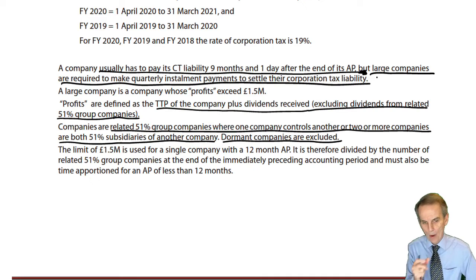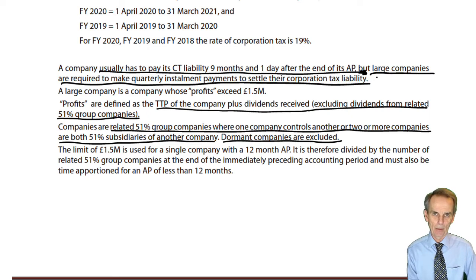Are we able to manage here the company or the companies so as to ensure that any tax that has to be paid can be paid at the latest possible date? And that would mean trying to avoid, if it were possible, making quarterly instalment payments. How would we be able to do that?